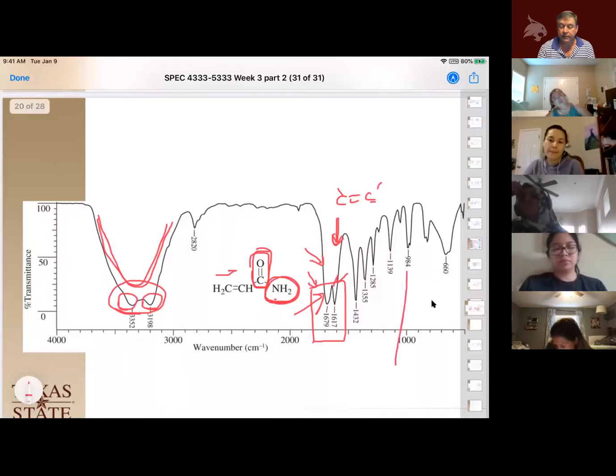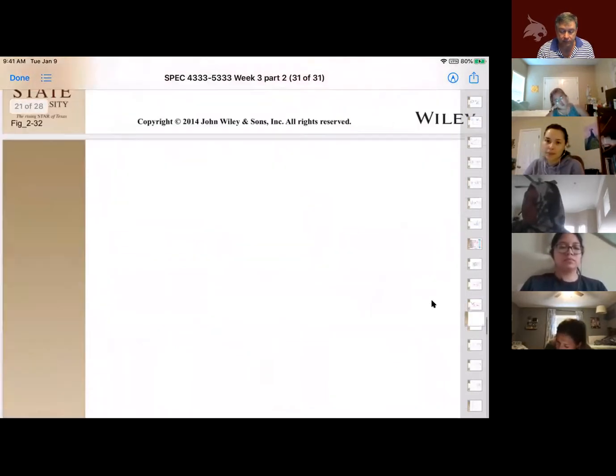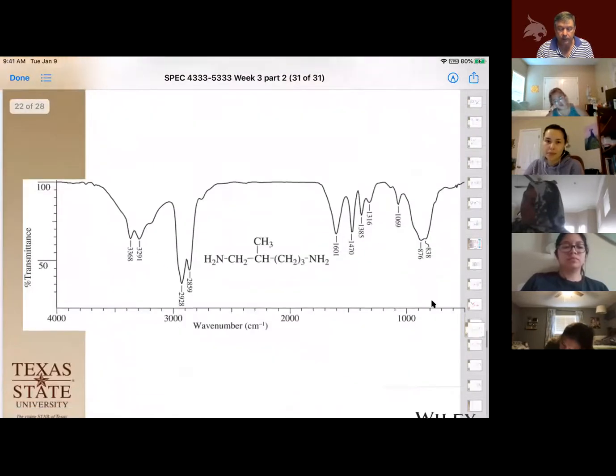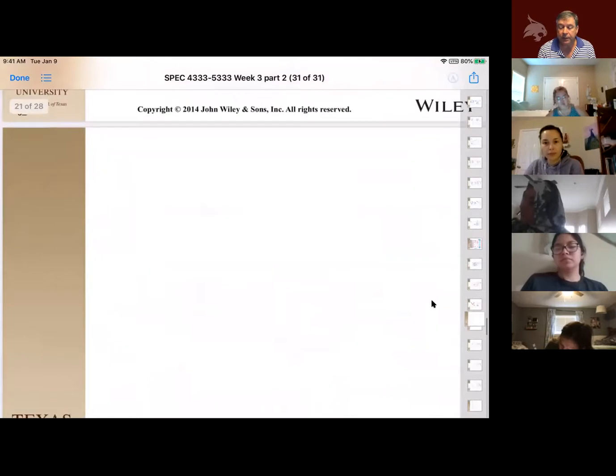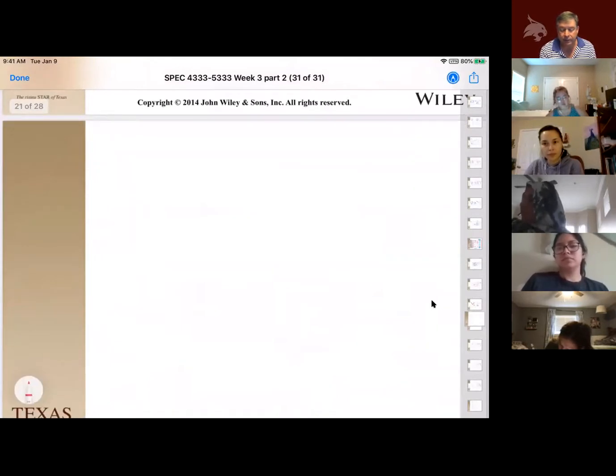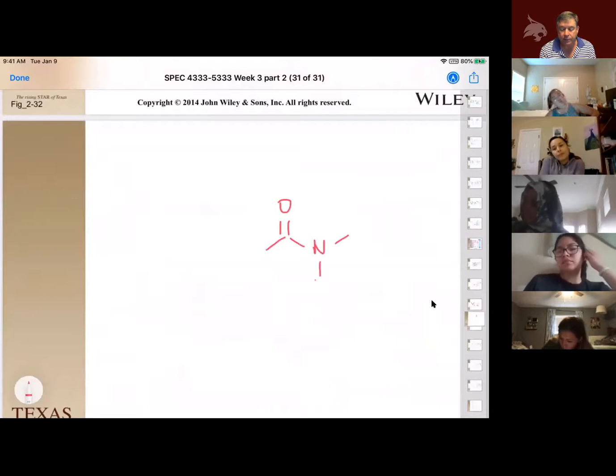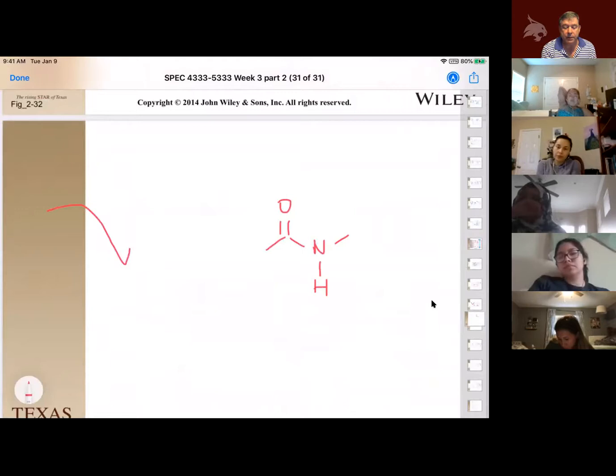I think I have an example of removing one of the hydrogens. No, I don't. So if we were to take this compound and turn it into something like this, where we replace one of them with a methyl group, we'll get one peak in that range, and then of course the aliphatic stuff and the carbonyl down here.